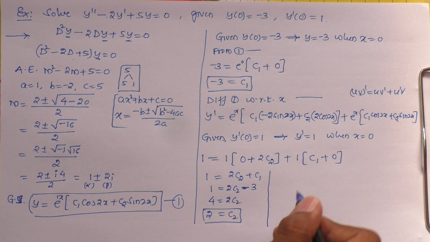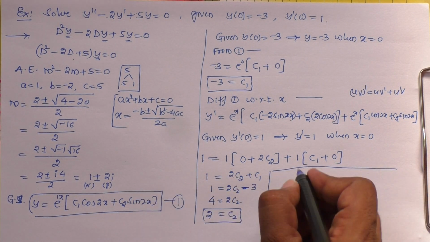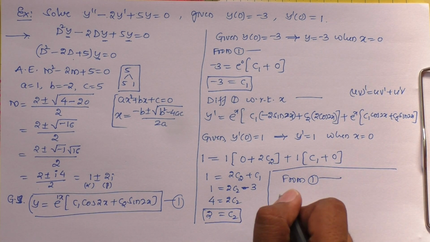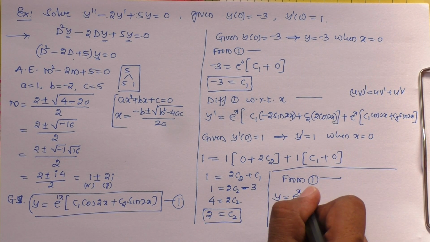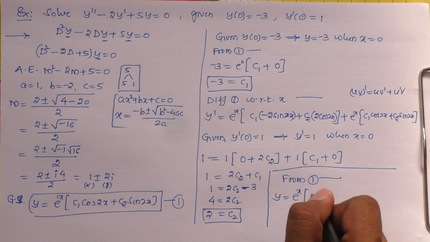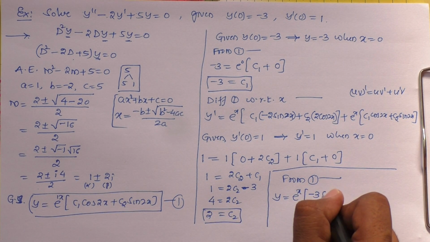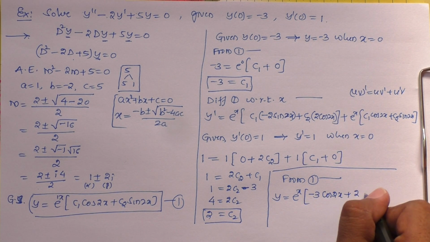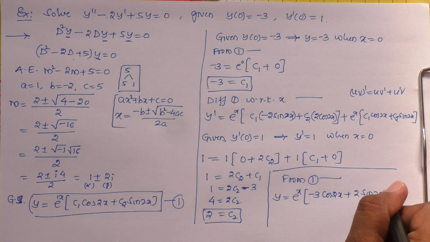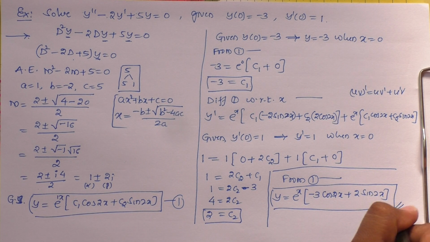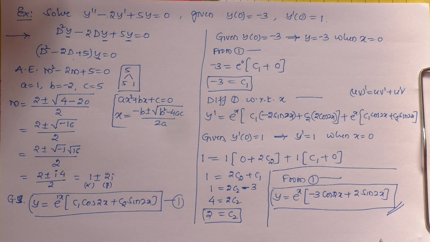Once you get this, substitute in equation 1: y = e^x (c1 cos 2x + c2 sin 2x), where c1 is -3 and c2 is 2. So y = e^x (-3 cos 2x + 2 sin 2x). This is the final solution of the given initial value problem.